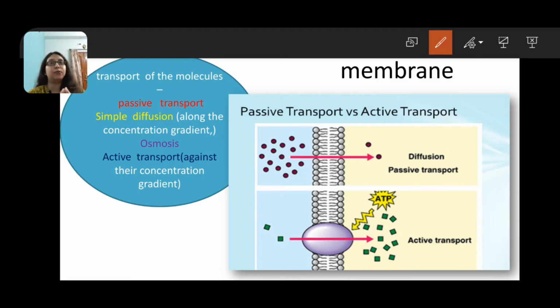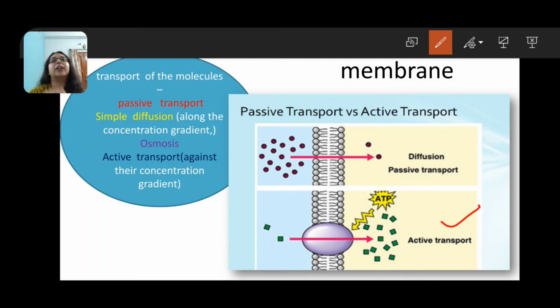What is active transport? Look at the picture. We are noticing that inside the cell we have a higher concentration of a particular molecule, but outside the cell it is less. Still, the arrow is from the outside to the inside, that is, from the lower concentration to the higher concentration.